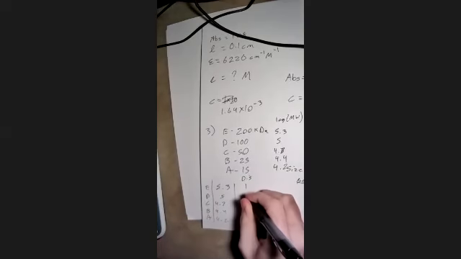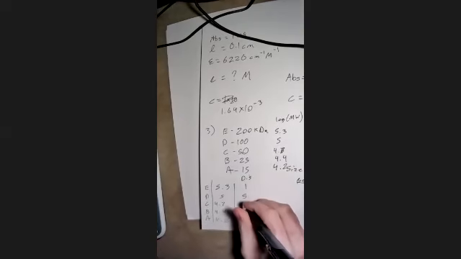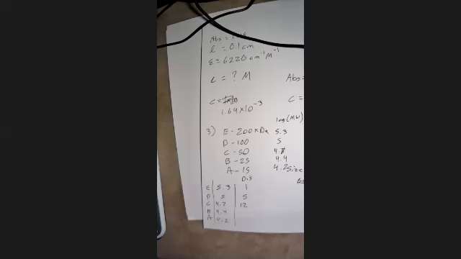So E has moved one distance, D has moved 5, C has moved 12. B has moved 25. I'm going to say 25 just to make it easy. And then A has moved 37.